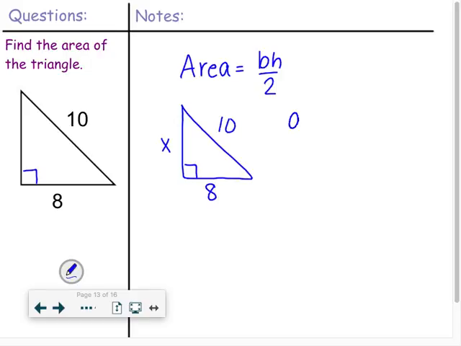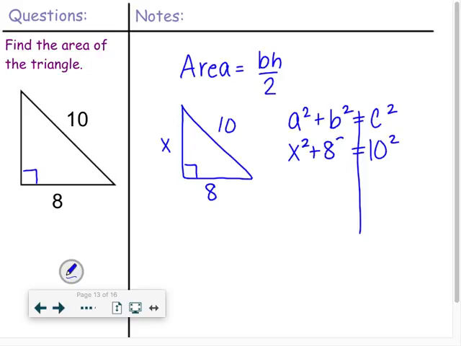Remember that when you use the Pythagorean theorem, you have to make sure that you've got the hypotenuse in the correct spot. The longest side on this triangle is 10, so my hypotenuse is 10. That one has to be substituted for C. Then the legs are X and 8, and the order that I use those doesn't matter.